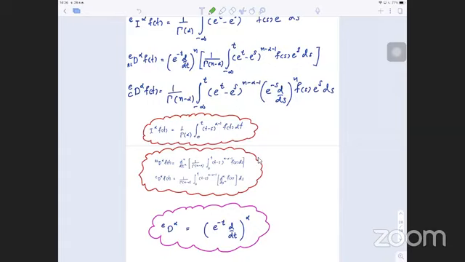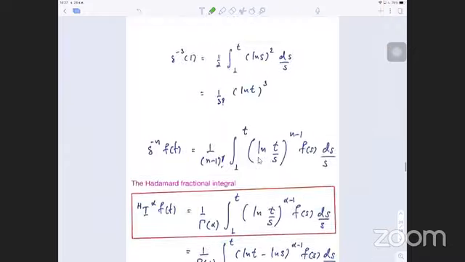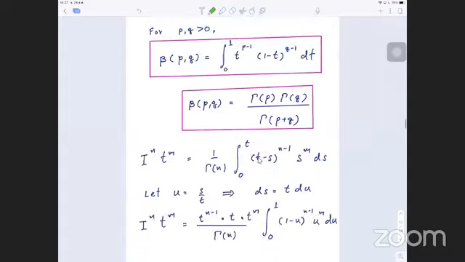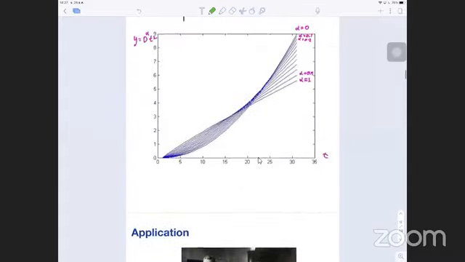I'd like to know, you have so many concepts of fractional derivative, and you also showed the graph when you change the parameter alpha from 0 to 1. You also have the property that when you take the fractional derivative of a constant function, it's not 0, right?